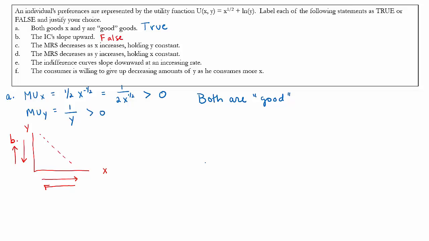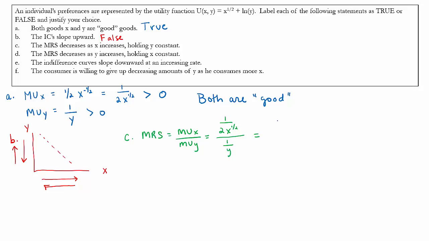Now let's look at statement C. What happens to the MRS as X increases holding Y constant? To answer this question, let's first write down the MRS as a ratio of marginal utilities. Here is MUx, or 1 over 2x to the power 1/2, divided by MUy, or here 1 over y.